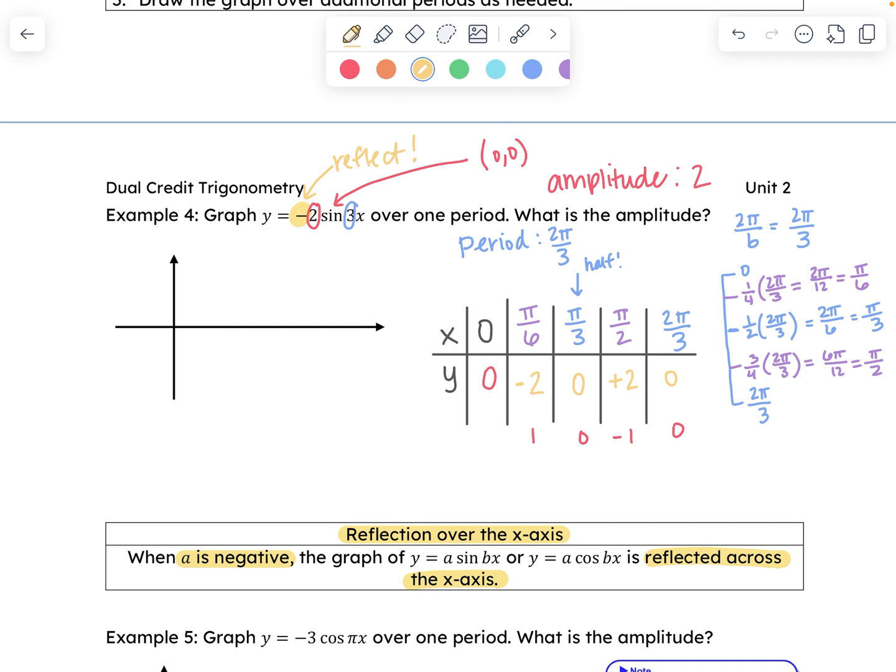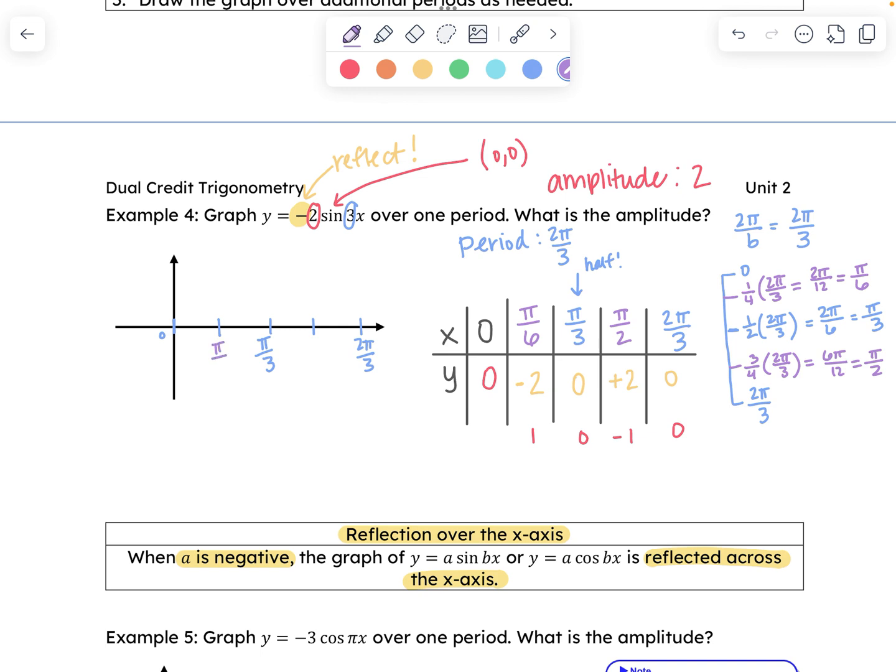I'm going to graph it over one period. So let's put it on our graph. So I've got the point 0 right here. Pi over 6, pi over 3, pi over 2. Let me spread those out a little bit more. So pi over 3 is the halfway point. The 2 pi over 3 is the full period.